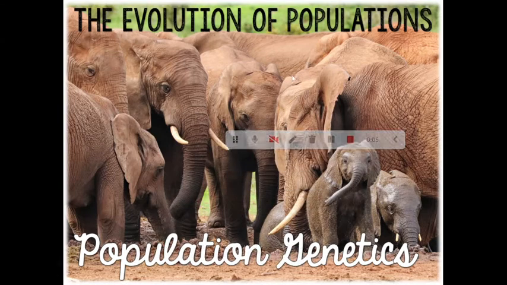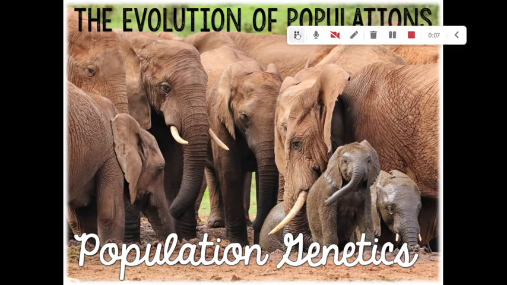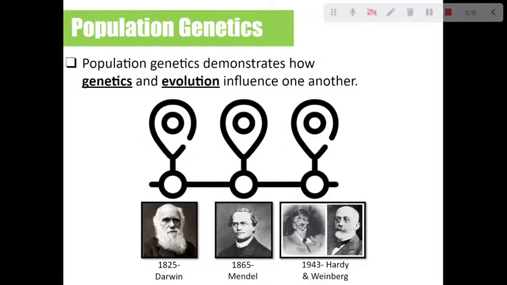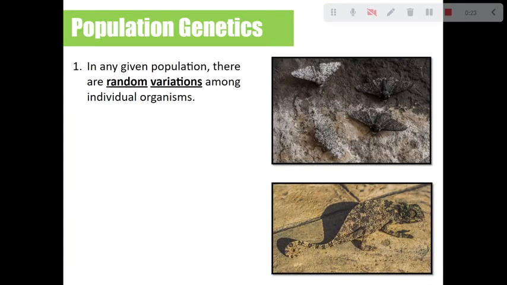We're going to get into population genetics. Now, population genetics demonstrates how genetics and evolution influence one another. In any given population, there are random variations among individual organisms.